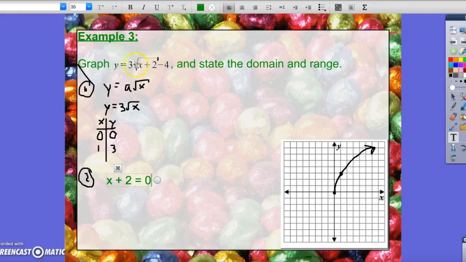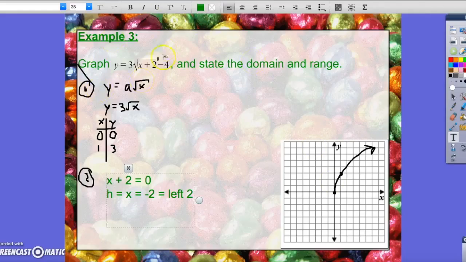I take inside the root only, set equal to 0. I get negative 2. That's your h. Now h moves in the x direction, so h is going to move left or right. If it's a negative 2, what does that mean? Left 2. So that's how we're going to translate the h.